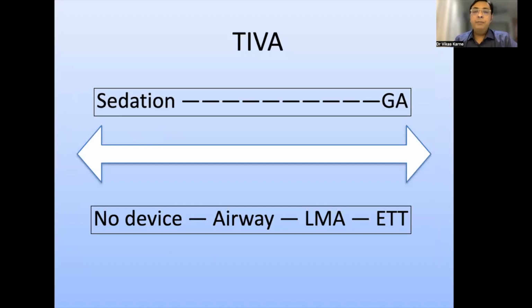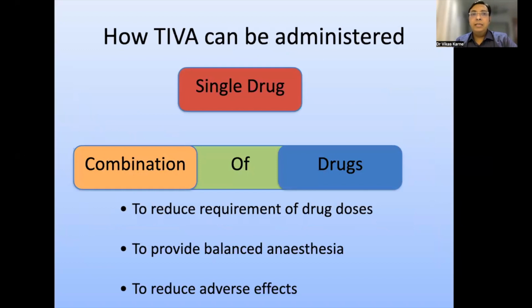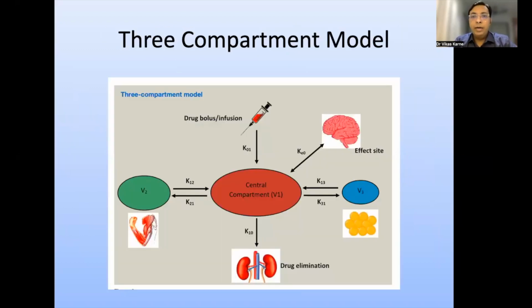So it provides a possibility where we can use a single drug. For example, we can use propofol for moderate sedation, or dexmedetomidine or fentanyl, or we can have a combination of different drugs. This will help us reduce the requirement of drugs, provide balanced anesthesia, and also reduce the complications of individual drugs.